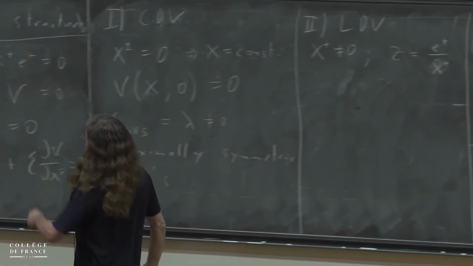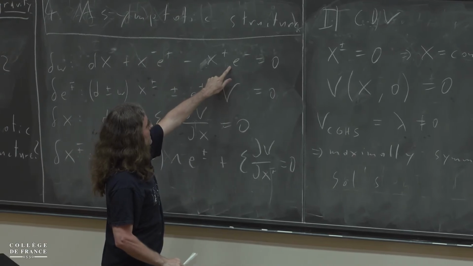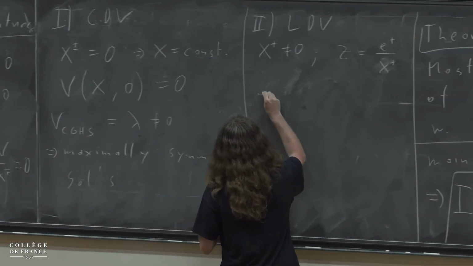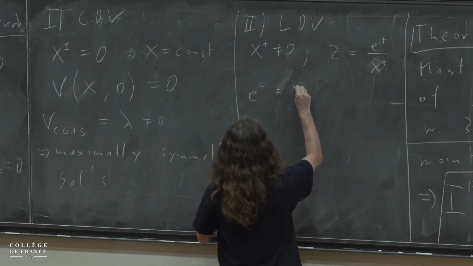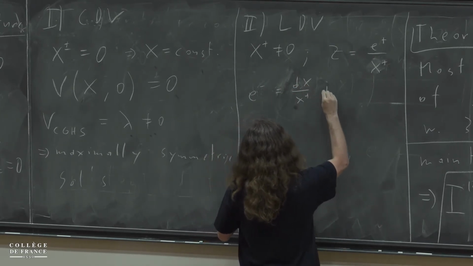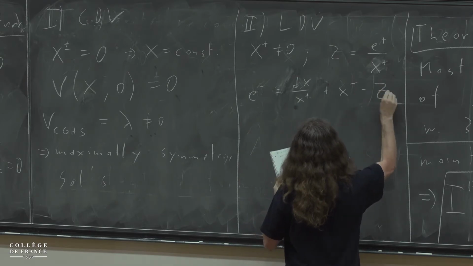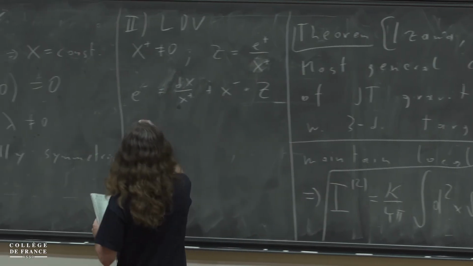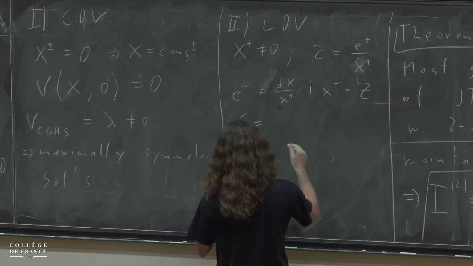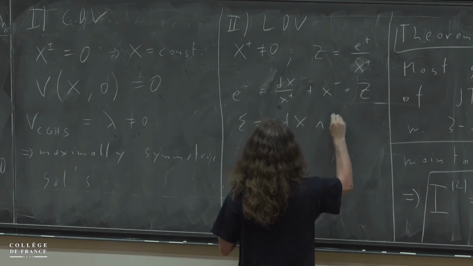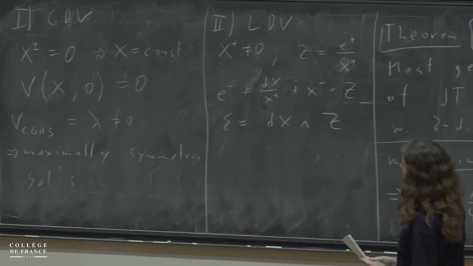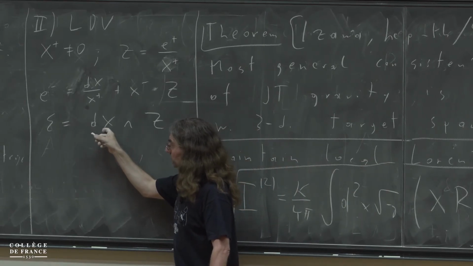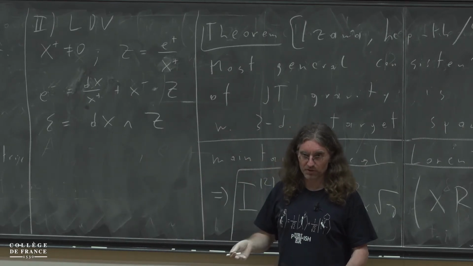And we can use now the first equation to express e minus in terms of dX and Z. So e minus is then just given by dX over X plus X minus times Z. And that means the volume form is very simple. It's just given by e minus wedge e plus. So this is dX wedge Z. So you can anticipate already that we could use the dilaton field, the scalar field, as a coordinate.